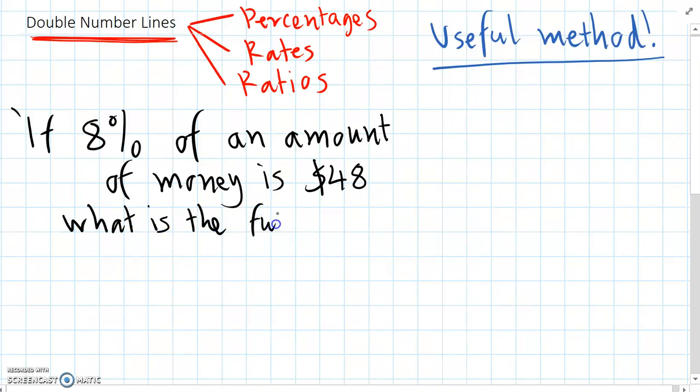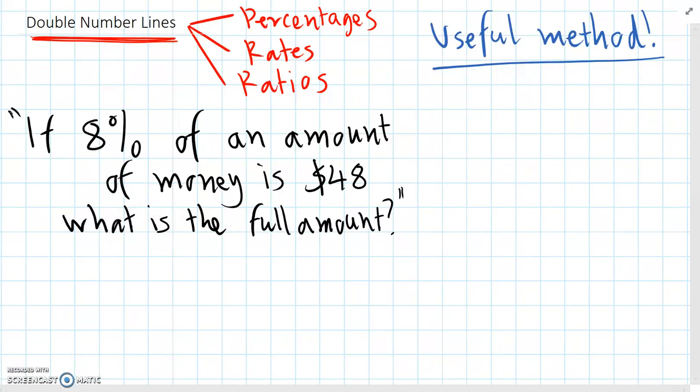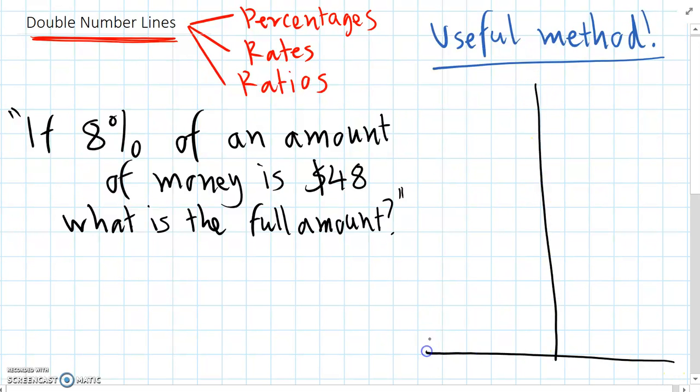The full amount. So double number lines can help us with these situations where we know a little bit of information, but we want to know all the information.